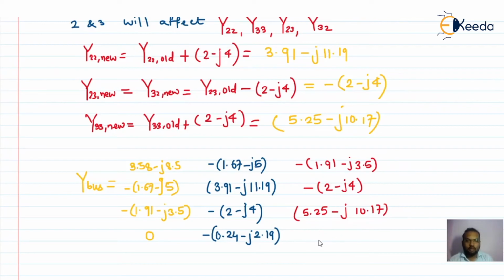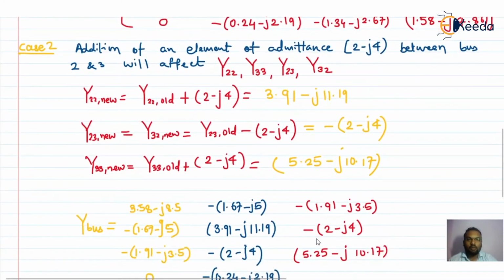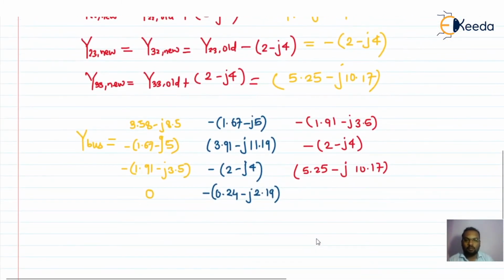This value has not been modified. What is the value here? It is 1.34 minus j2.67. And the last column here, it will be 0.